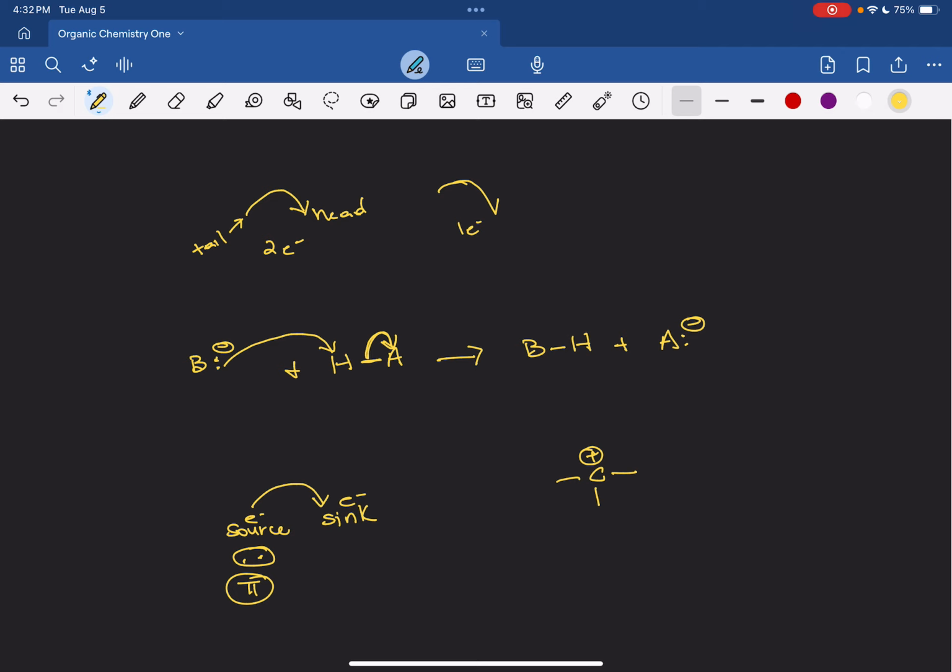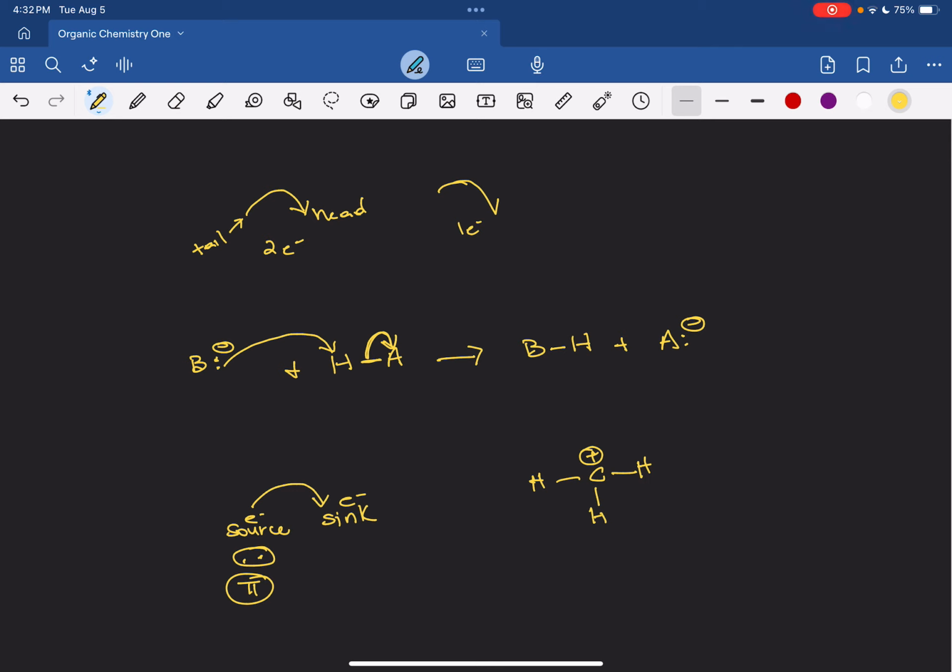So this is an underfilled valence because remember, your carbon needs to have 8 valence electrons and the 4 bonds. It doesn't have 4 bonds here. It only has 3. So in a reaction mechanism, don't forget you can have an underfilled valence, but you cannot overfill a valence. So these are the 4 rules.